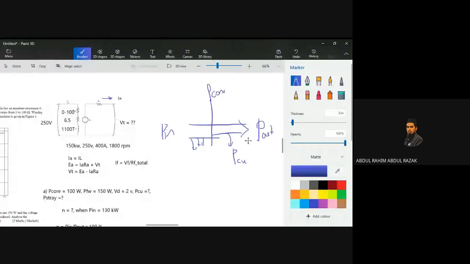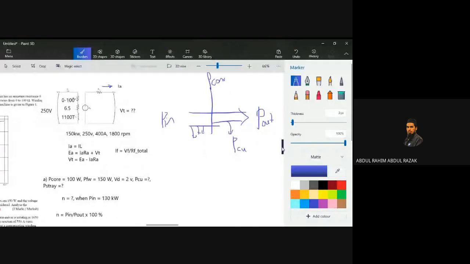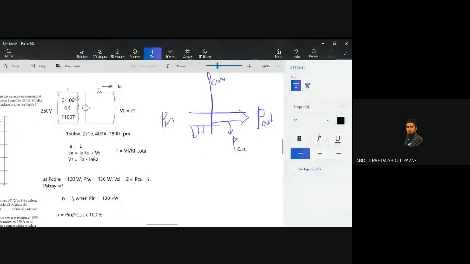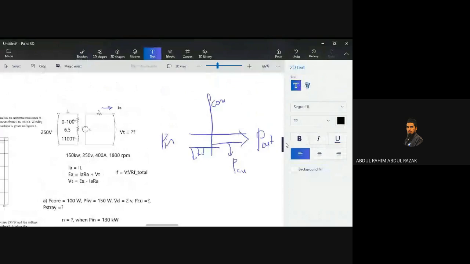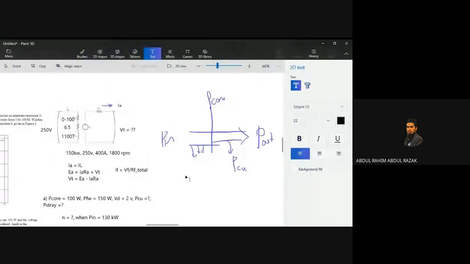So out of this diagram itself, you can write underneath the diagram, P out is equal to P in minus all the losses.